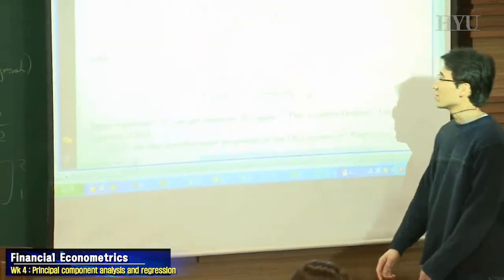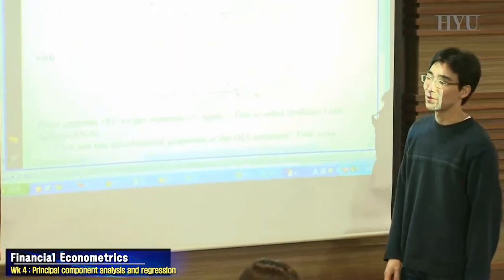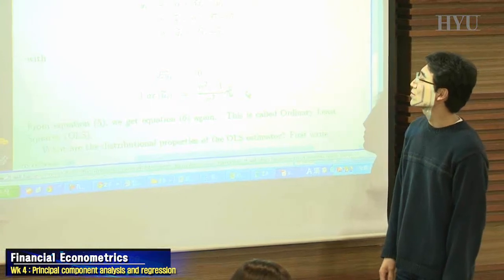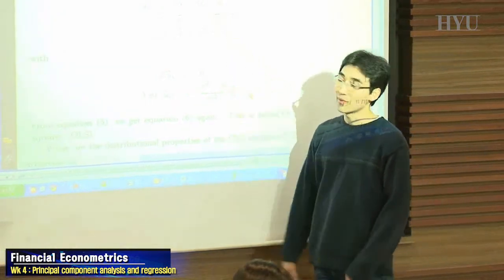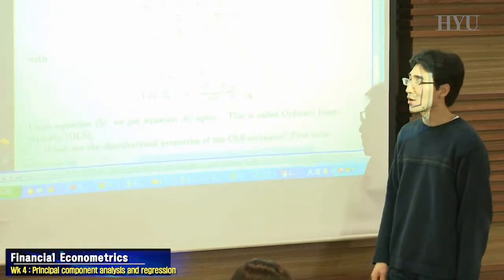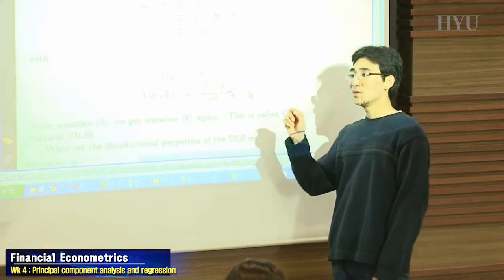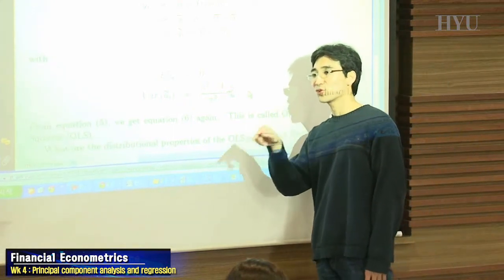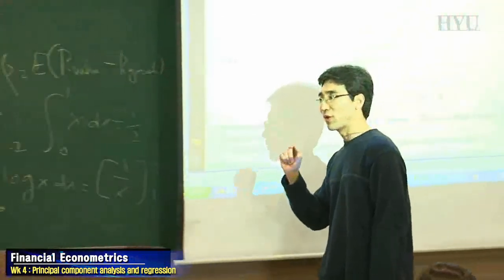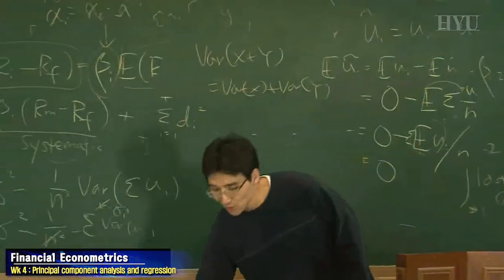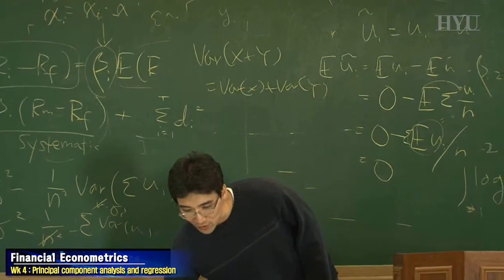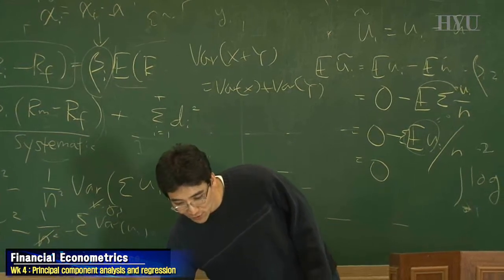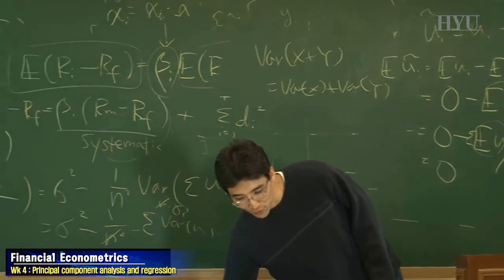Therefore, given a very large number of data, the variance of the error term of our regression indeed converges to the true variance of the error term, which we assumed first, right?